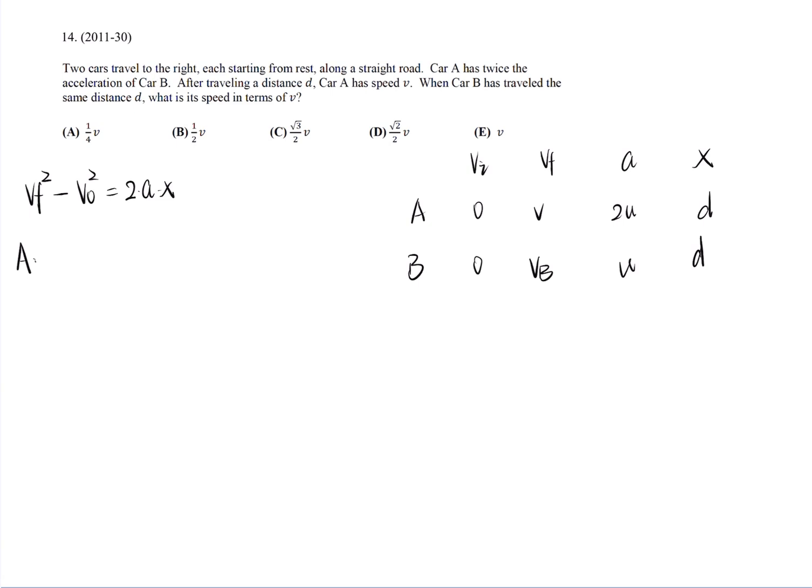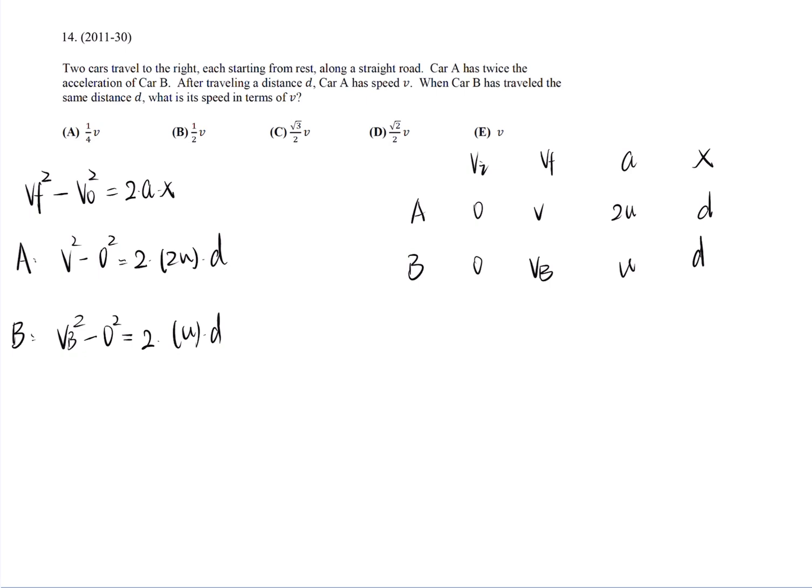For car A, v squared minus 0 squared is equal to 2 times 2u times d. For car B, v sub b squared minus 0 squared is equal to 2 times u times d.